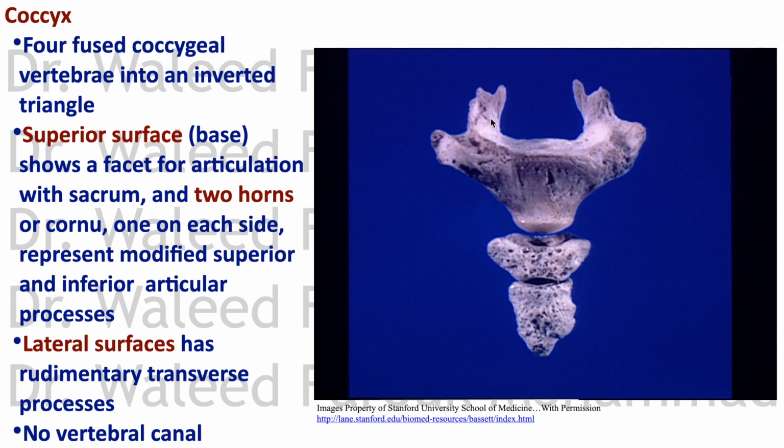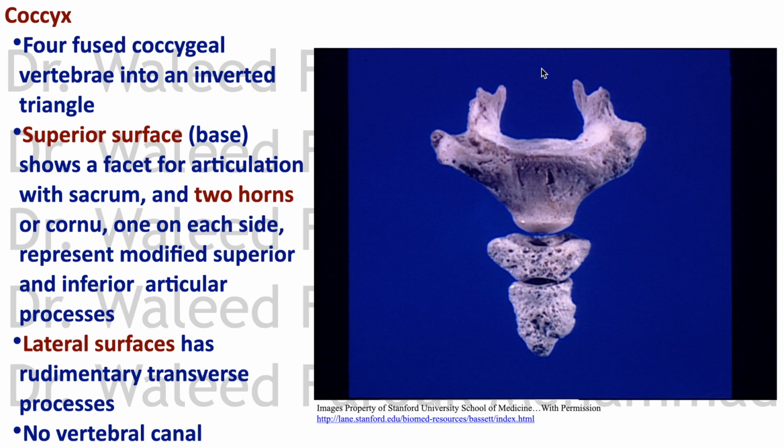There are 2 horns or cornua that represent the rudimentary articular processes between vertebrae, and on the lateral side there is a rudimentary transverse process, as you can see here. Okay, so this is the composition of the coccyx, and remember, it has no vertebral canal.